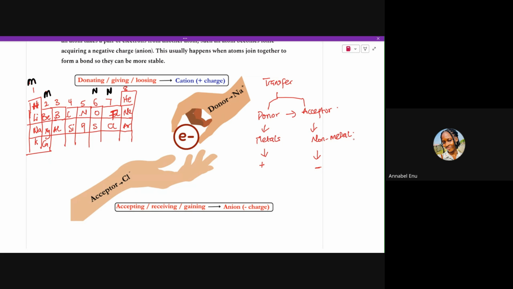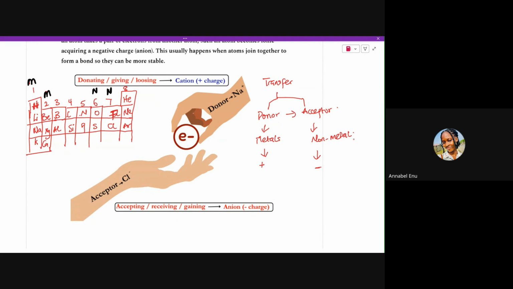You know that in maths, if someone has a negative sign, it means that the person has lost, right? But in chemistry, a negative sign would mean the person has accepted electron, and positive would mean the person has donated or lost electron. So it's like the reverse of what we would think in mathematics.